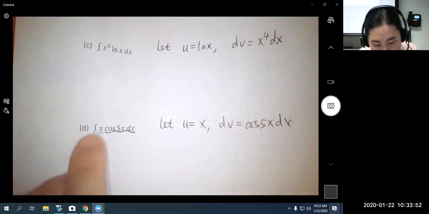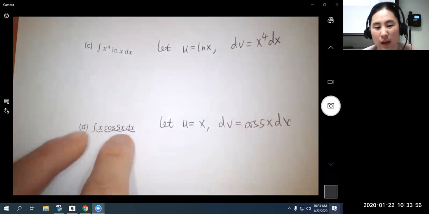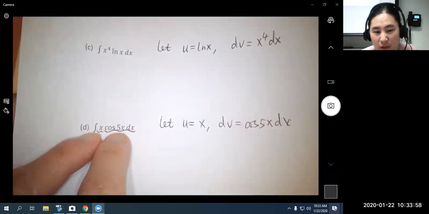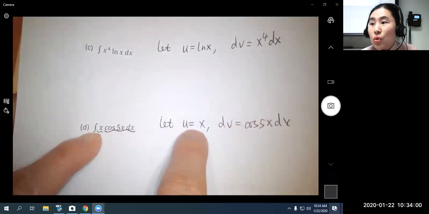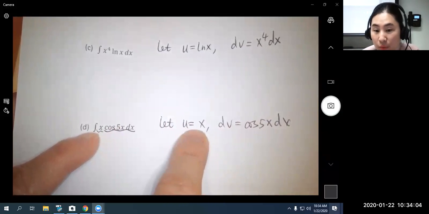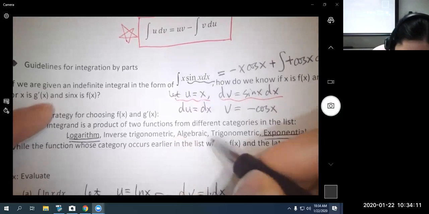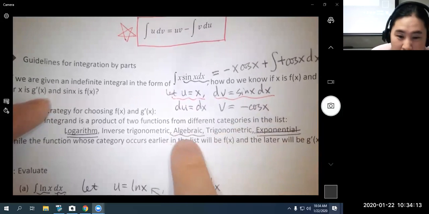Okay, so when a power function, algebra, comes together with a trig, which one do we consider to be our u? Power function, okay? We're polynomials, we're algebraic. That's why here, guys, you see on the list, I don't know why they give us algebraic.